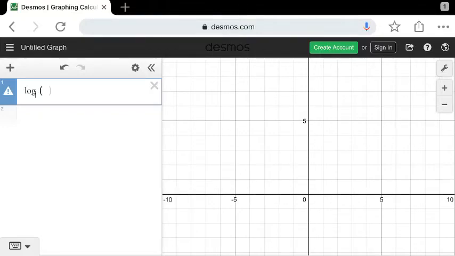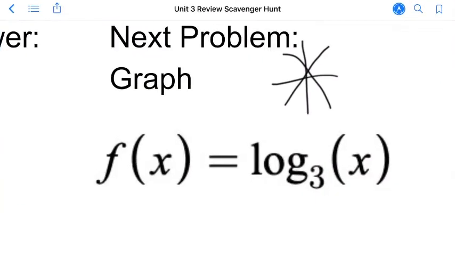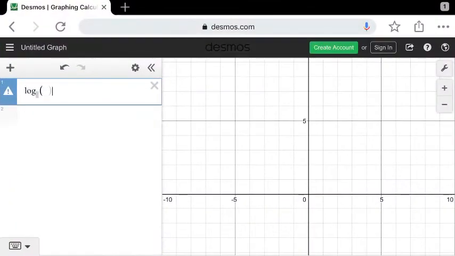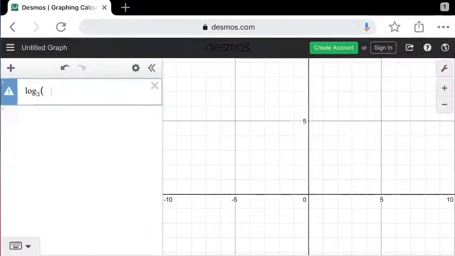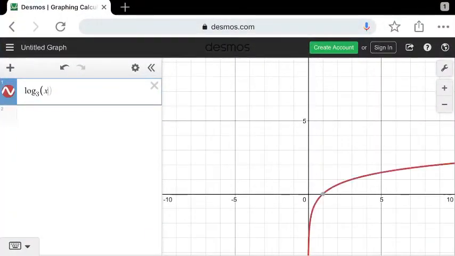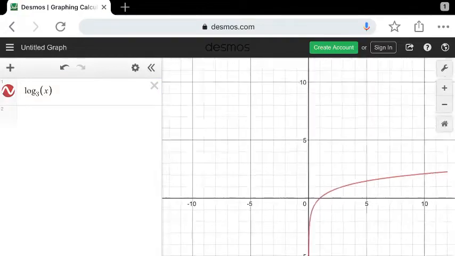If I had no base that showed on my paper, if that 3 was not there, then I could just push log. But there's not. There's a 3 there, so I have to put 3 in the base. And then X in the parentheses. So that gives me my graph.